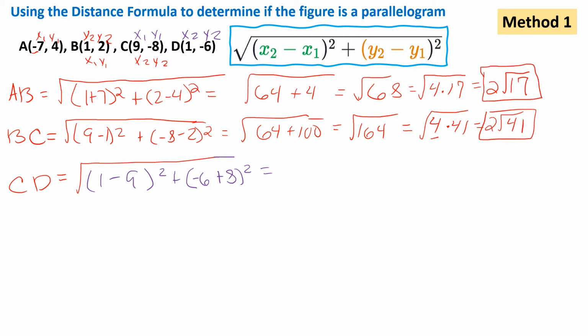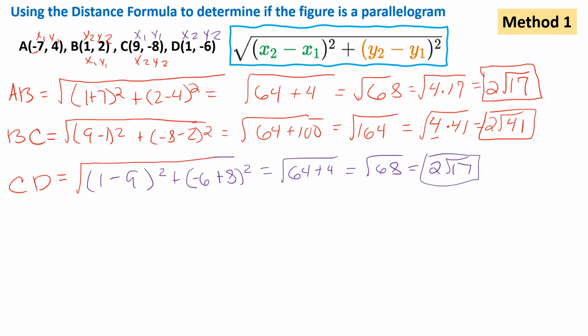Simplifying, 1 minus 9 is negative 8. Negative 8 squared is 64. Negative 8 plus 8 is 2, and 2 squared is 4. So I can see here that it's going to be the same as AB, right? Because I get square root of 68, and that will give me 2 square root of 17 because that is the same as CD.